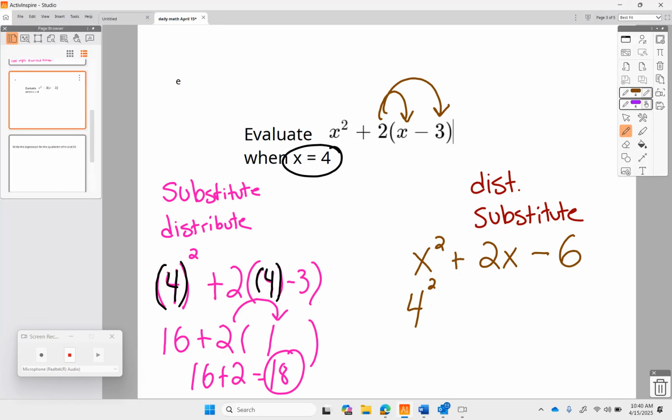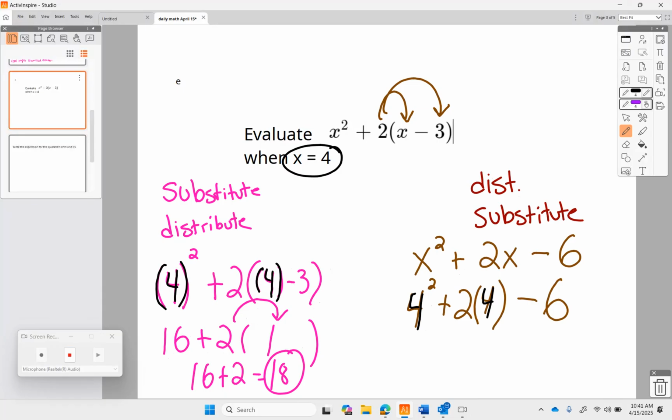Now I want to make sure we realize 2x does not mean put a 4 in and get 24. It means we're putting parentheses around that because we are going to multiply. I have a lot of students that don't realize that means we are multiplying our value. 2x becomes 2 times 4.